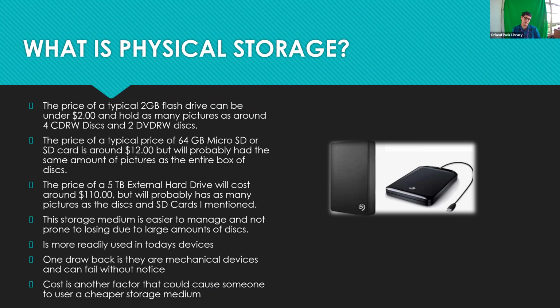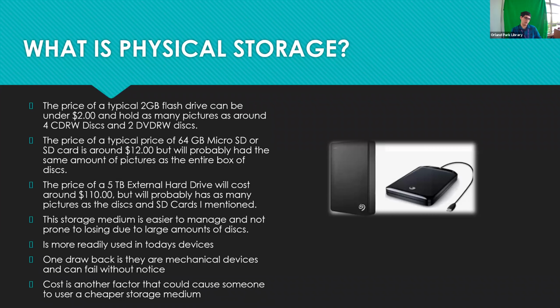I would imagine it's harder to lose the external hard drive than an SD card, and I'd imagine it's even harder to lose a micro SD card. These things are very tiny. They're smaller than the nail on my pinky. So those are very hard to lose. But again, they're only usually found inside a cellular phone or a camera. There's a spot inside phones and cameras where you can put a micro SD card.